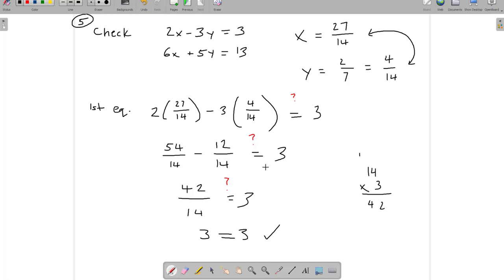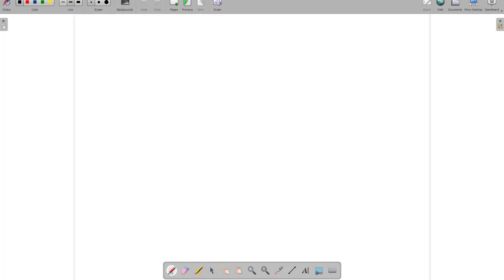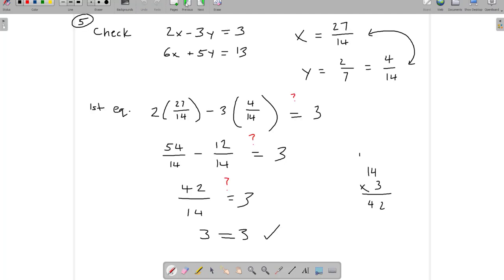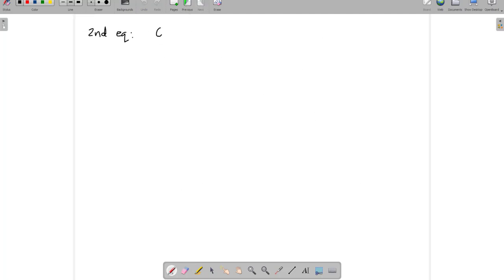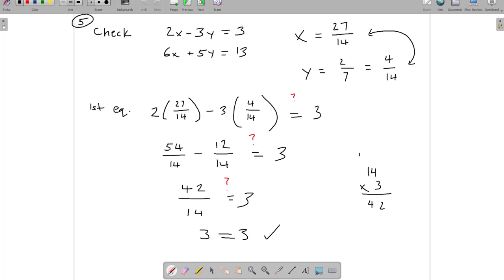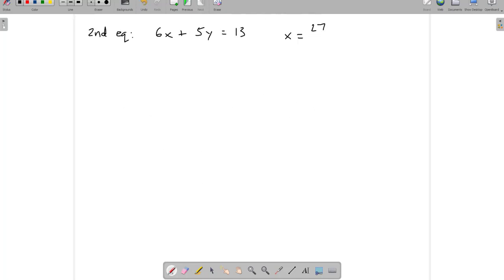Let's go ahead and verify in the second equation. 6x plus 5y equals 13. Was it 5y? Yeah, 5y. And once again, x equals 27 over 14, and then y equals 4 over 14.